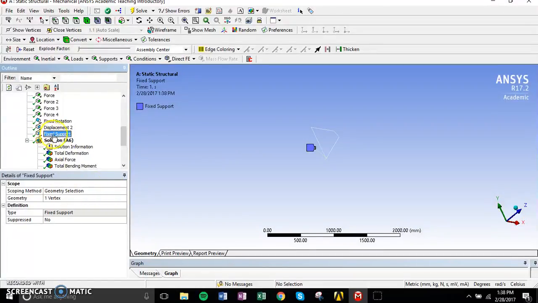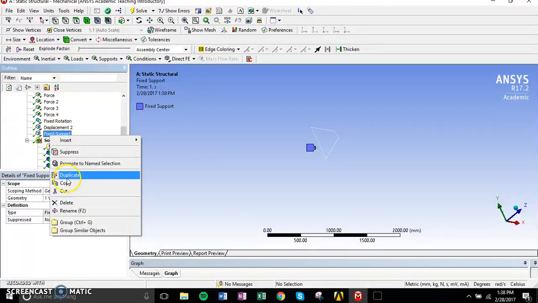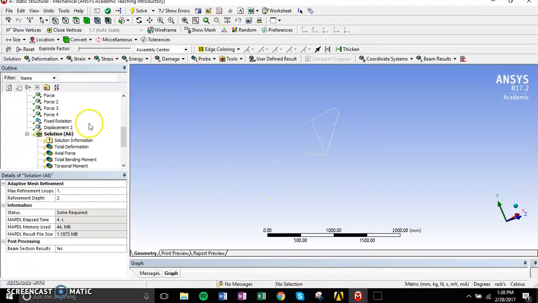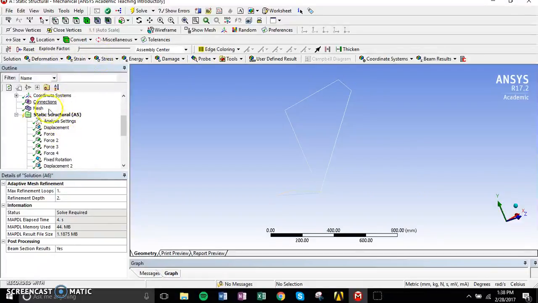So we're going to delete that fixed support. We've only got a minute left. We're going to delete that fixed support and we're going to replace it with something different. So I'll need to put in something that reacts a Y moment. Hopefully I can do this in the time I have.